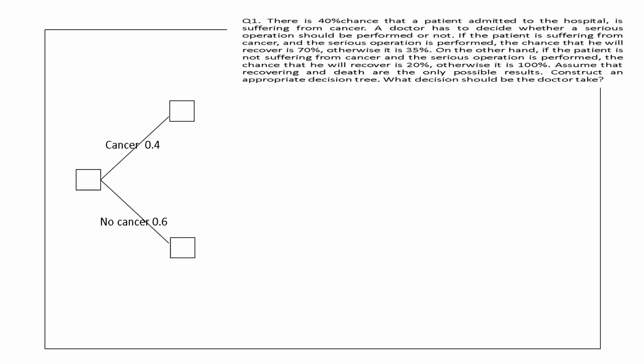Now let's draw the decision tree. First you draw the starting node. Two possibilities are there, that is, the patient can have cancer or no cancer. In the question it is given, there is 40% chance that a patient admitted to the hospital is suffering from cancer.